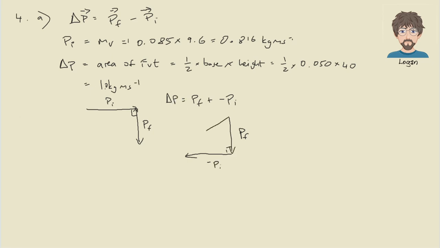And that means that our, whoops, didn't draw that very well, did I? So this is delta P. And we have a magnitude for PI, and we have a magnitude for delta P.